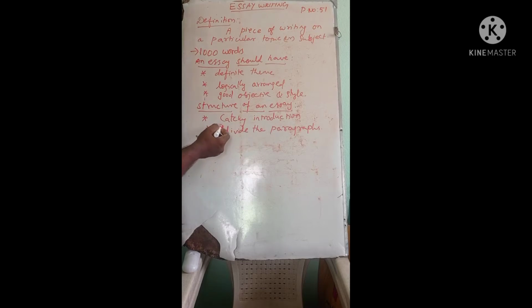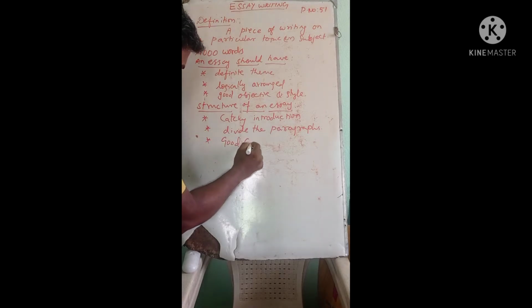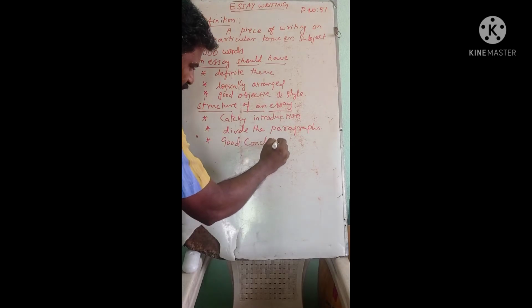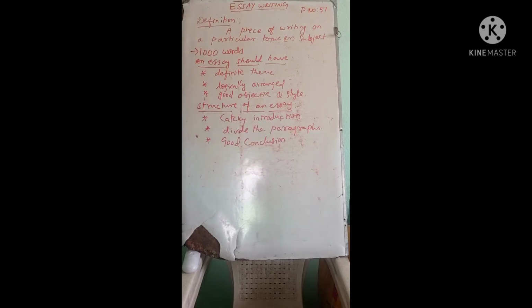So if it is an essay, the main points or the important points should be divided into paragraphs. Clear? The next thing, at the end, it should have a good conclusion.